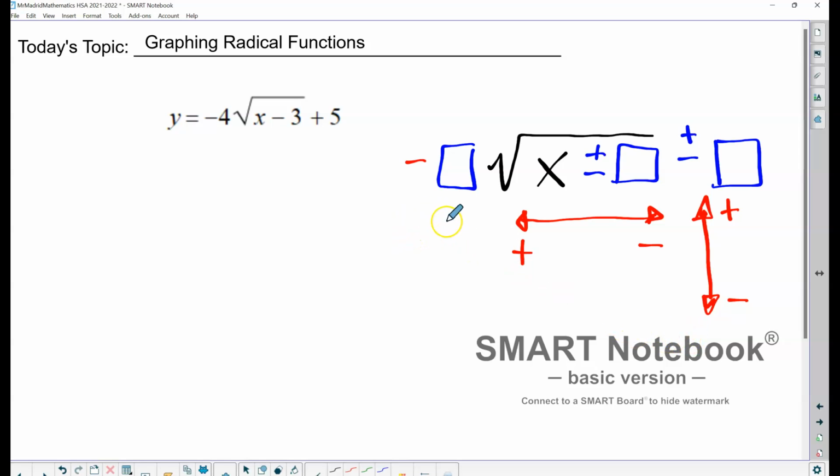The last thing that we discussed was that you've got your parent function. And we talked about how this value in here, in our case, is typically going to be larger than 1, so any value up in here is going to make it wider or increase the curve of our graph.